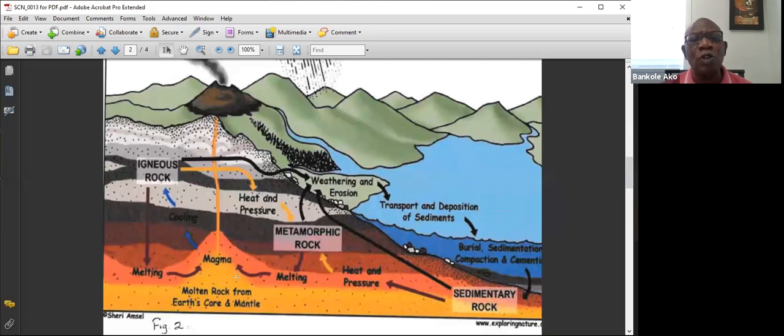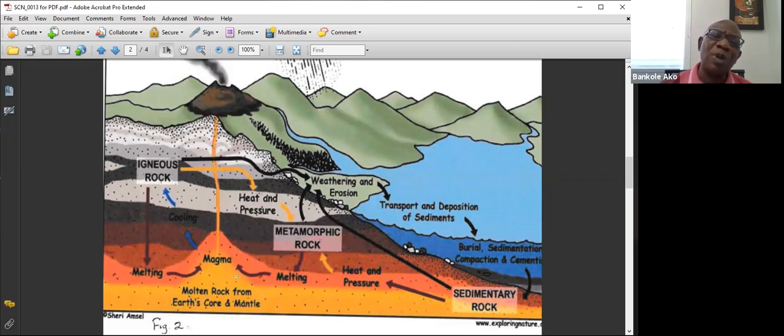If you look at that figure 2, you can see that igneous rocks get weathered, eroded, transported, and deposited as sediments. If you look at the right-hand portion of that diagram, they eventually get buried as layered rocks.